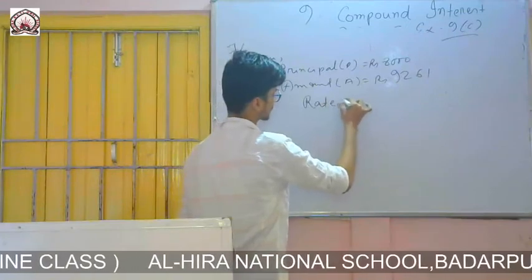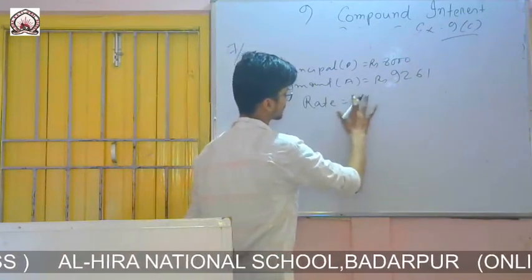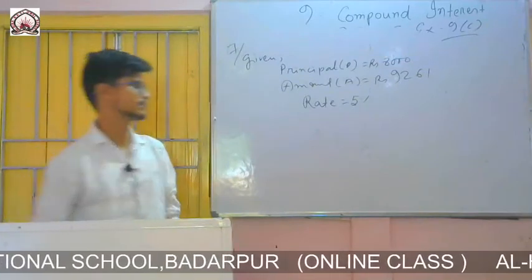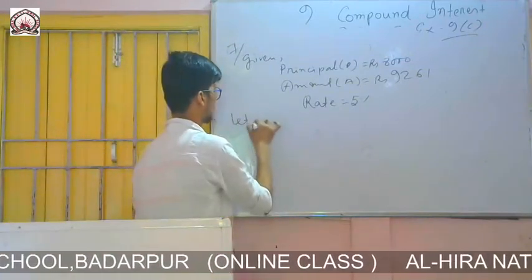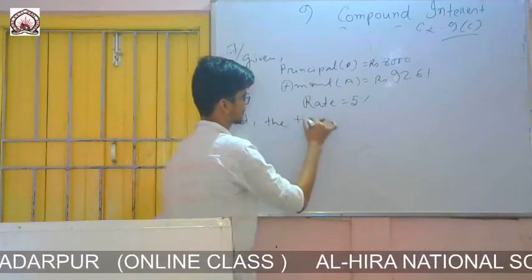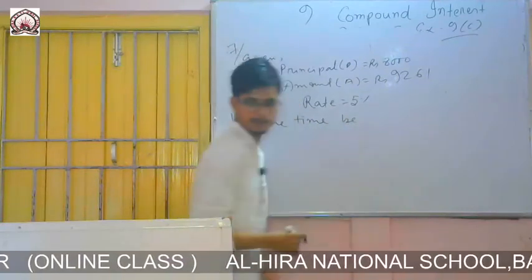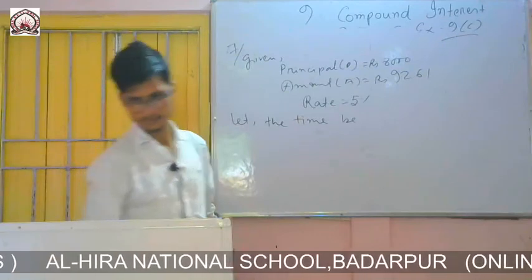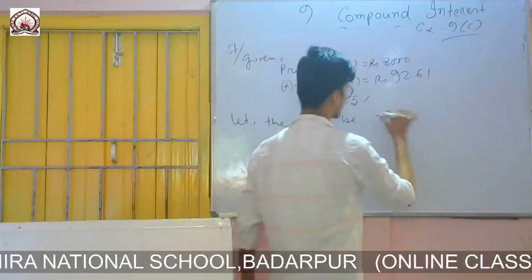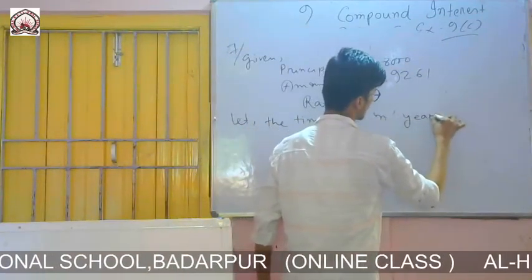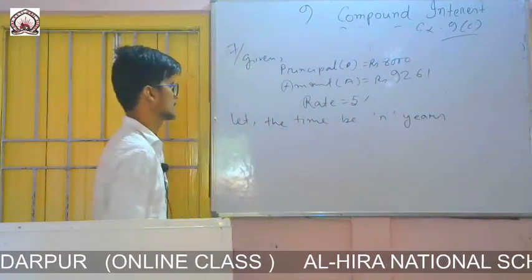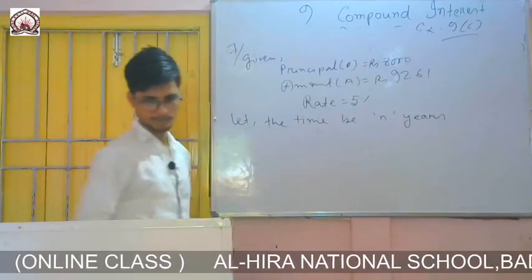You write rate equals 5%. We don't know the time, so let the time be n years. You can give t if you want, you can give anything, okay. So n I am writing, it will be easy.